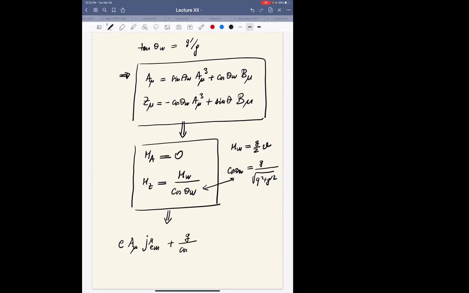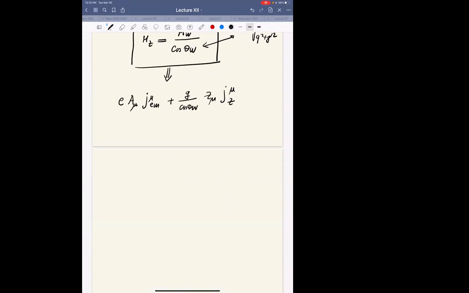So suppose I write it like this, Z mu J mu Z, where we wrote J mu Z. But you're saying, what if I change the sign? Since it was up to the sign, you are saying there is a sign question.